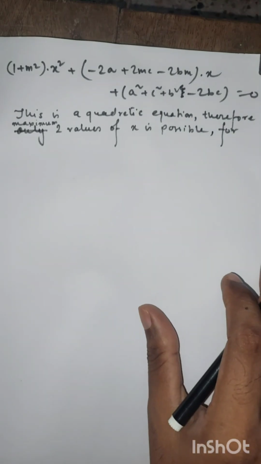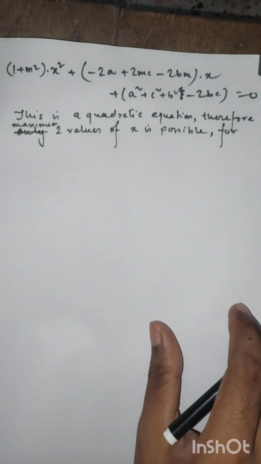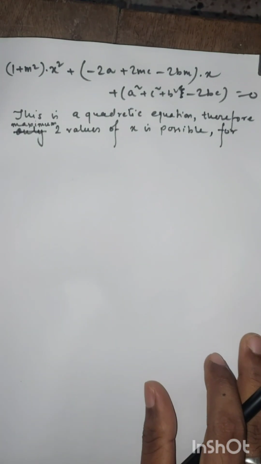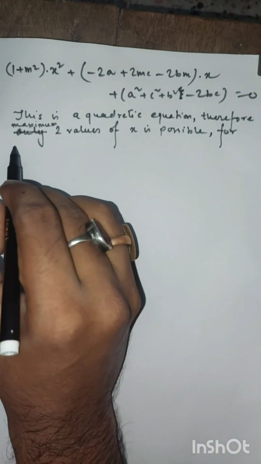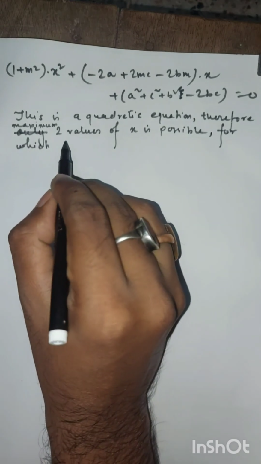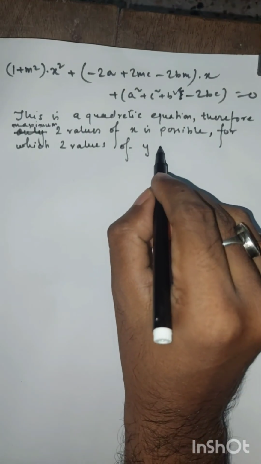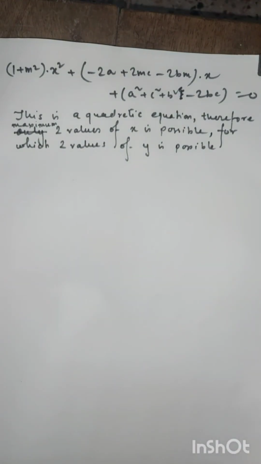For each value of x we will get a value of y. So two values of x, therefore two values of y.